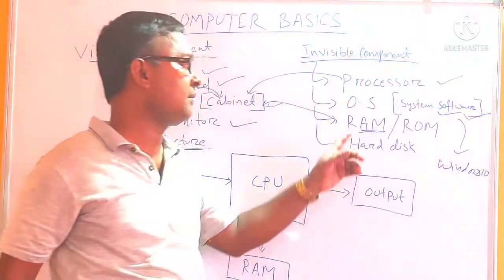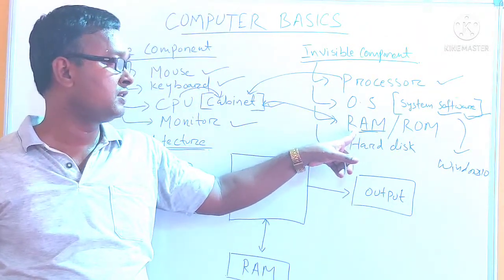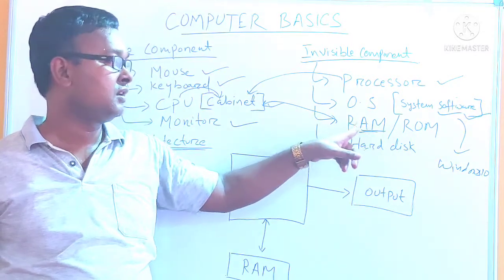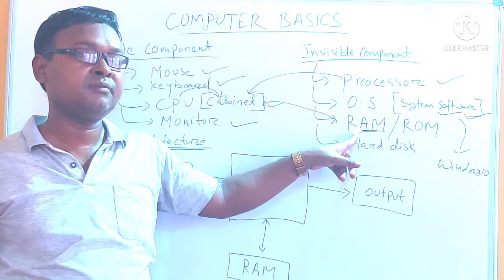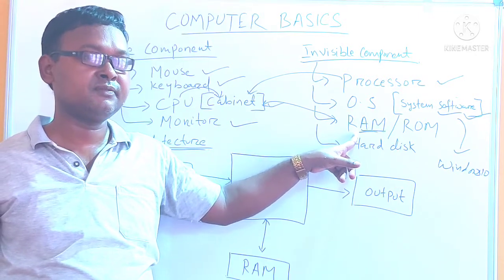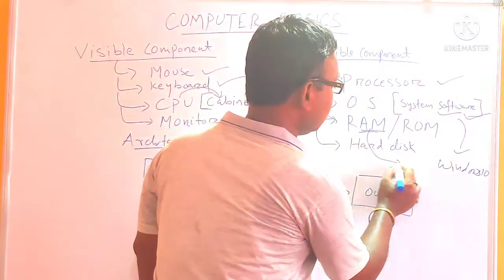One more thing about RAM, whose full form is random access memory: this RAM is a volatile memory. So what is volatile memory?